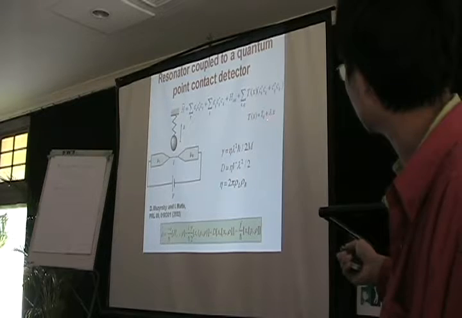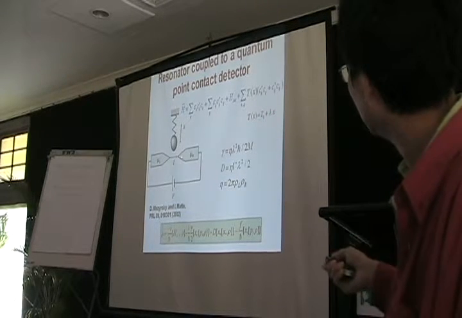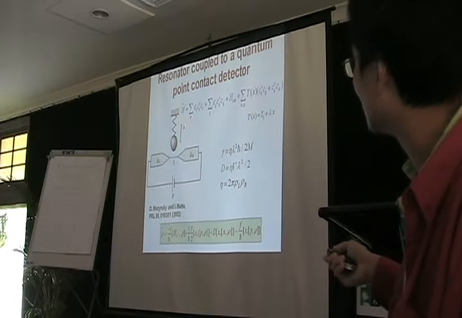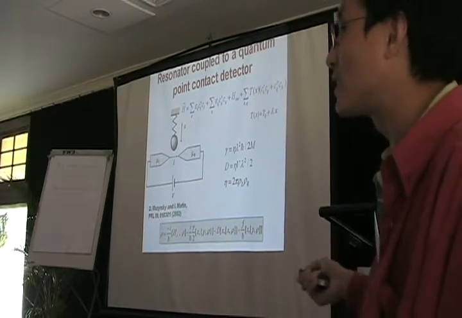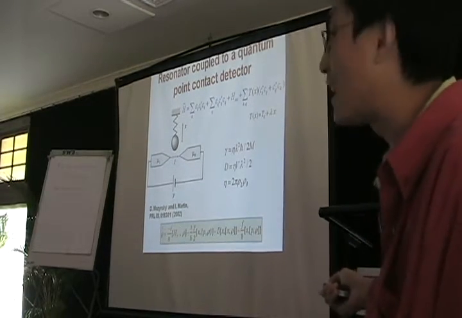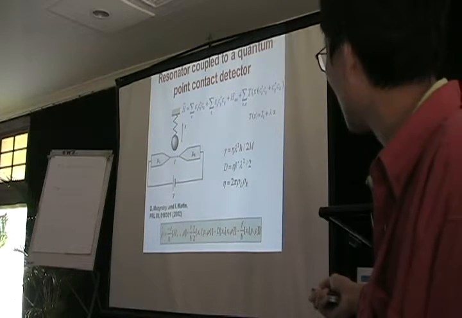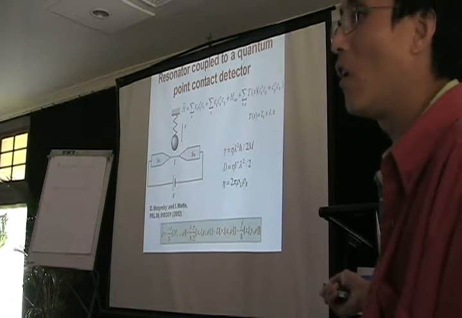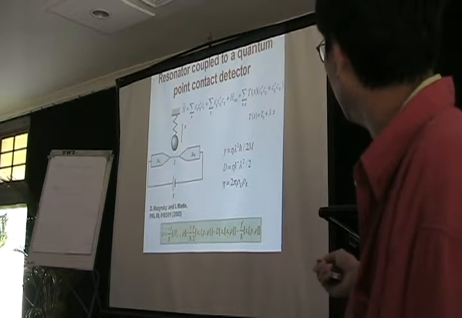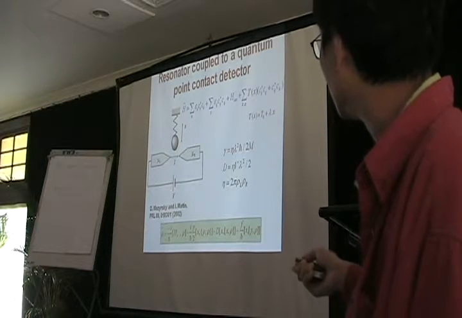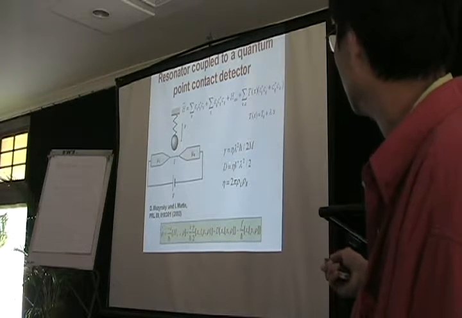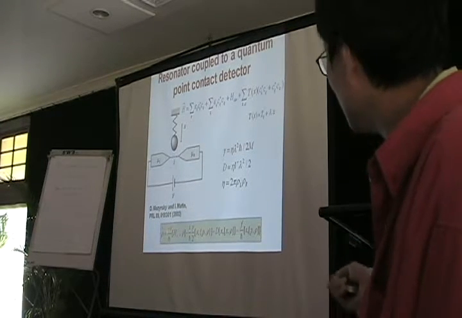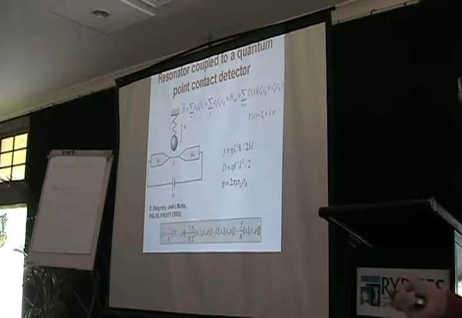The interaction is also through the coordinate of the system, X. Then the resultant master equation has almost the same form, but with different coefficients. The coefficients are now determined by, for example, the voltage across this, and also the mass and the coupling constant. But you still have a very similar form.